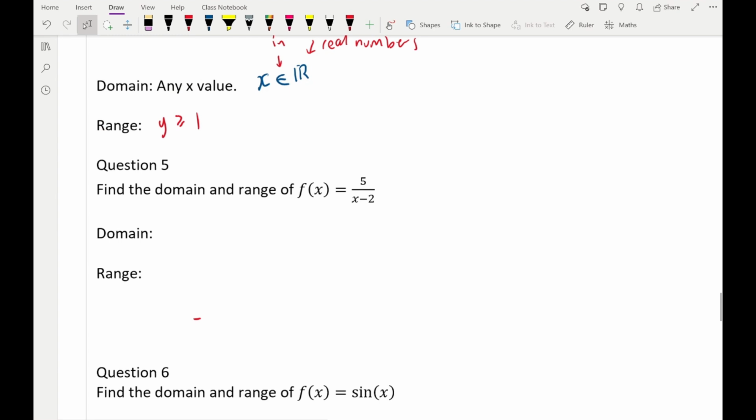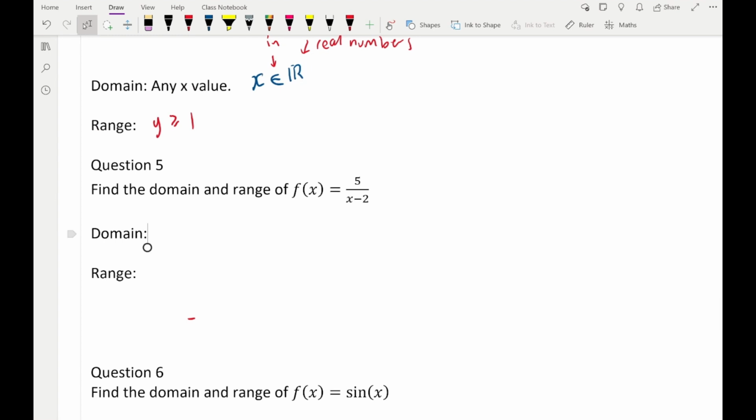So we have a hyperbolic function here. And it looks like we've got an asymptote at x equals 2. So the domain, basically what you can write is, well, x is in R, just like what we've written above, but x does not equal 2, just like that. For the range, you can do a similar thing.